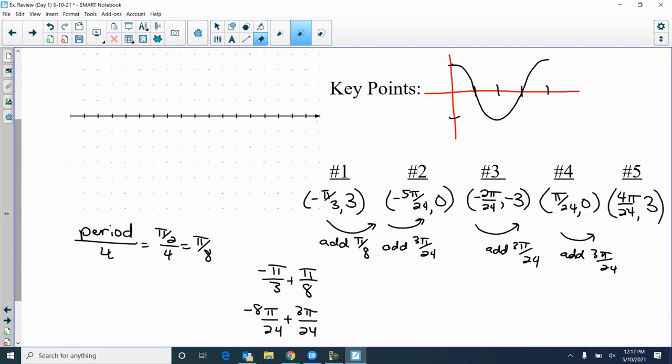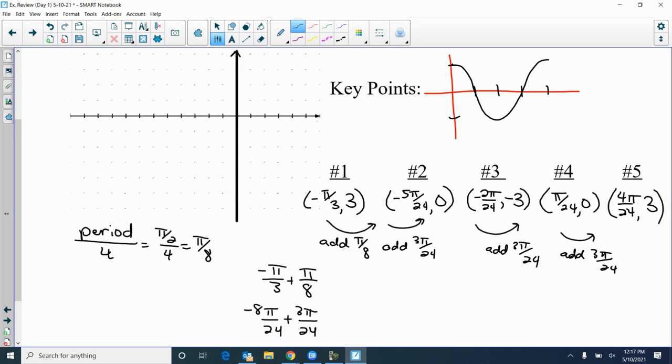Can we go every 24 for what I have shown and fit it on there? Okay, depending on where you put the y-axis. I need to go, that's negative 8 pi over 24. That's 4 pi over 24. If I place it somewhere a little bit to the right, am I going to have 8 marks to the left and 4 to the right? Yeah, I'm going to go every pi over 24.